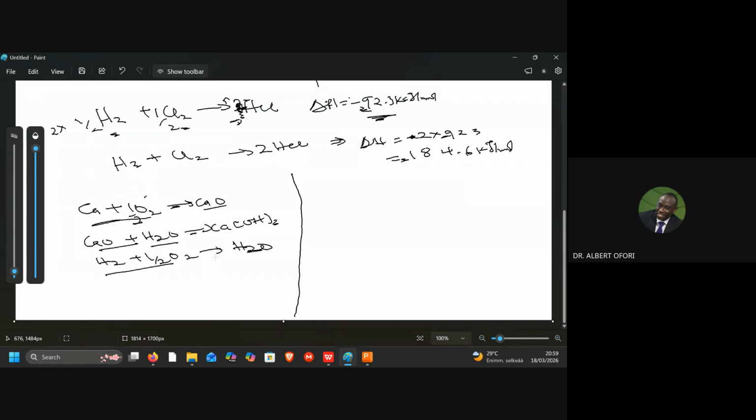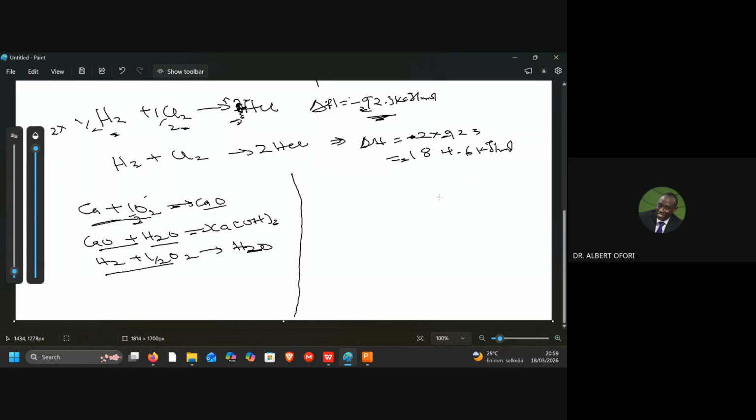An easy way to do this is to list all the reactants on one side, then list all the products on one side. Then you see the common factors there. If one appears at the reactant and appears at the product, it should cross out.